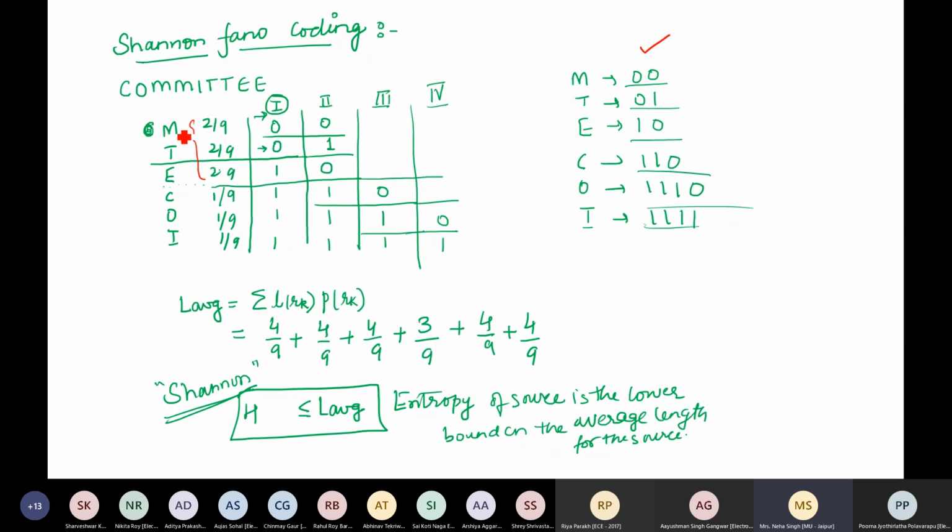Someone may have put the sequence as MTE, someone may have put the sequence in alphabetical order, EMT. In that case, if the arrangement is EMT, then E gets the code 00, right? So every time for decoding, I need to exchange my code book. The same is the case for Huffman coding as well, right?